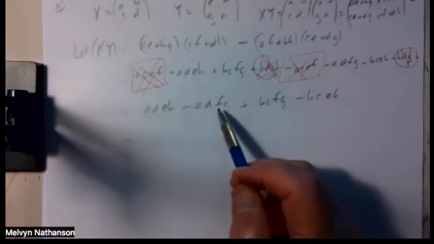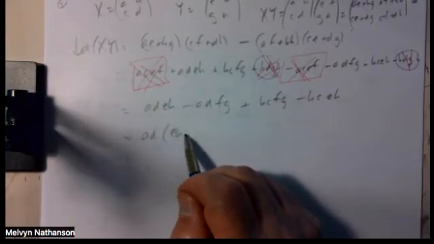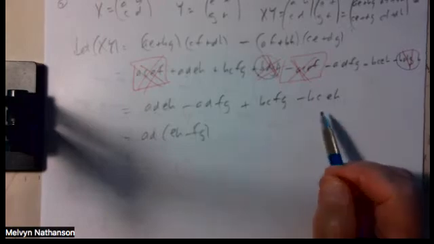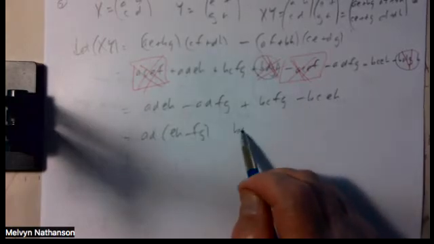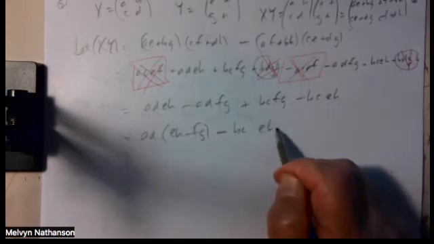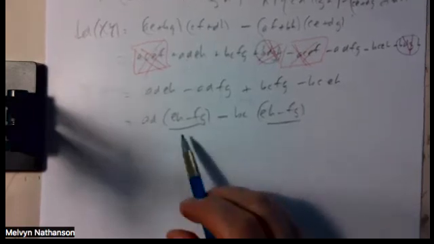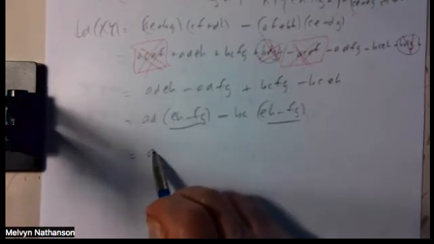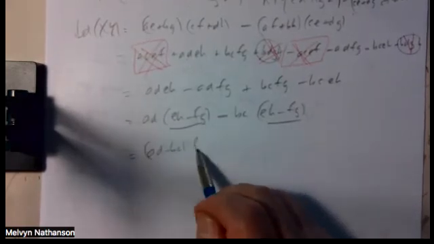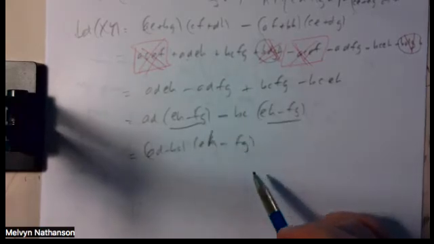So I can factor AD from the first two terms, AD times (EH minus FG). I can factor out BC from this. Let me write this as minus BC (EH minus FG). And now I can factor out EH minus FG. I get (AD minus BC) times (EH minus FG).